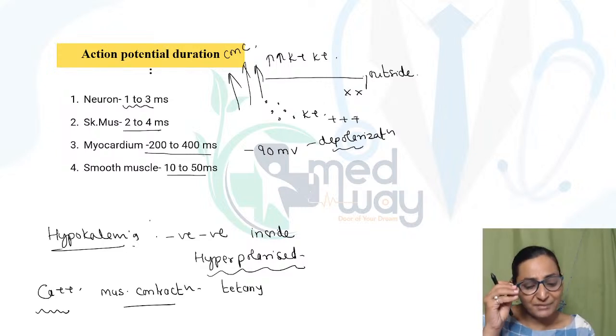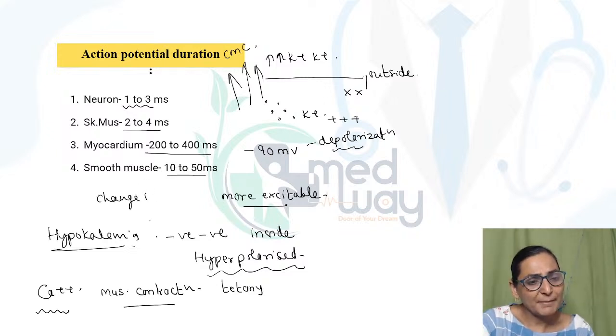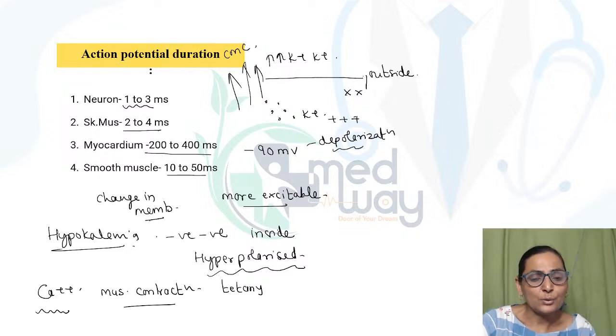When the calcium level goes down, the membrane becomes more excitable and unstable. Even if there is a very small, insignificant change in the membrane potential, there will be a spasm or a small muscle contraction or a twitch. The reason is that under normal conditions, this calcium is known to guard the sodium channels.